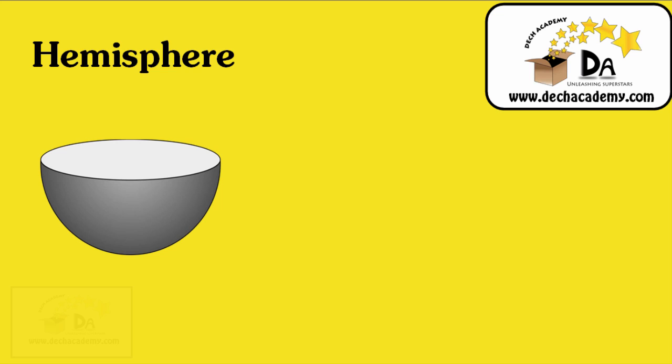As you already know by now, having covered the video dealing with surface areas of solid shapes, a hemisphere is half a sphere. Because of that, the volume of a hemisphere is equal to half of the volume of a sphere.